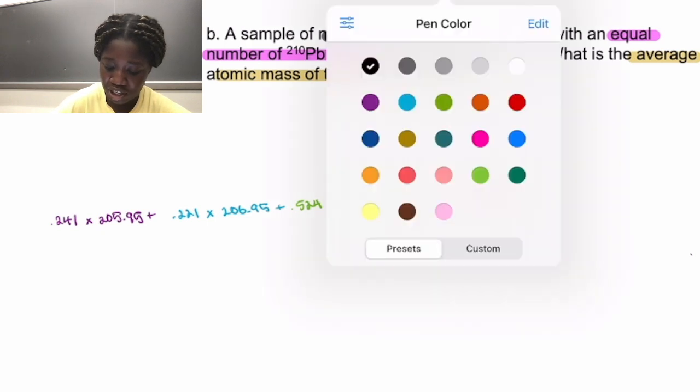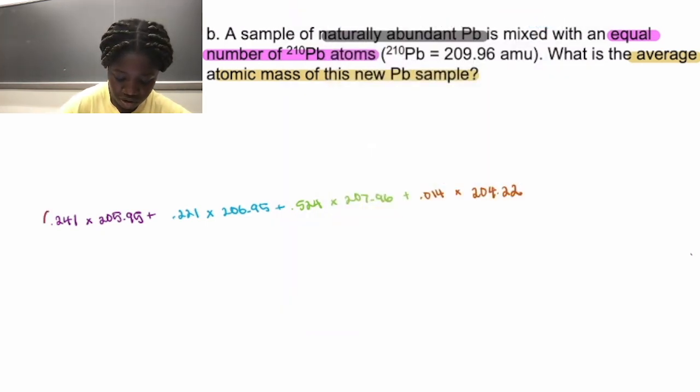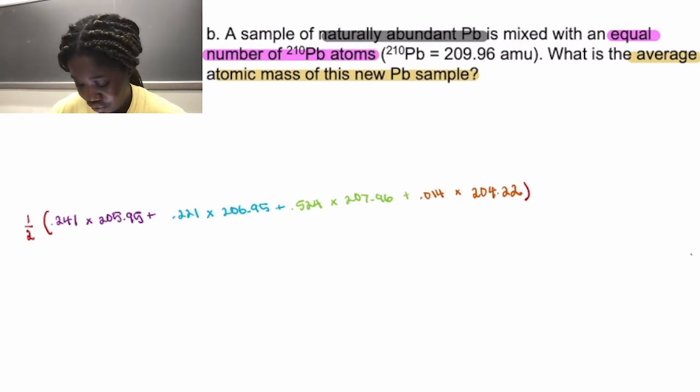That means that this sample now is half as much as it was before, because the other half is the lead-210 atoms.